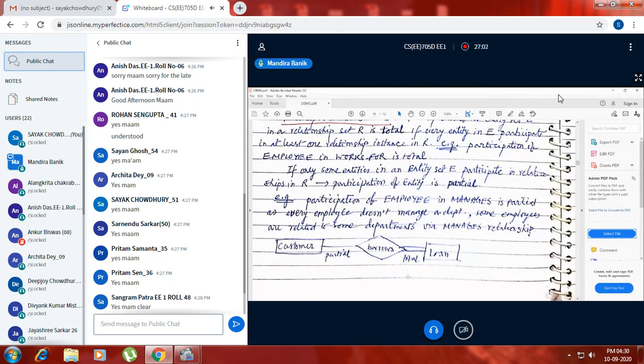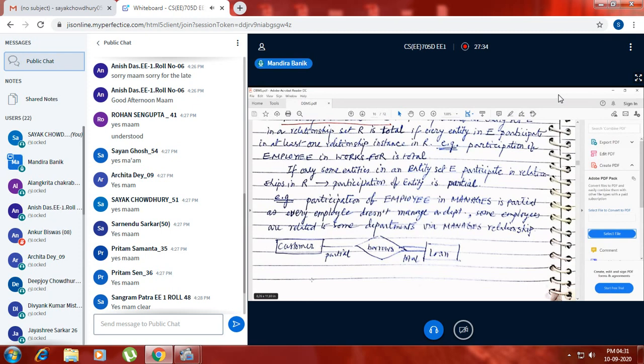Now in a bank, a number of customers have saving accounts in that bank. Now among them, some of the customers, this is the real scenario, are taking a loan from the bank.